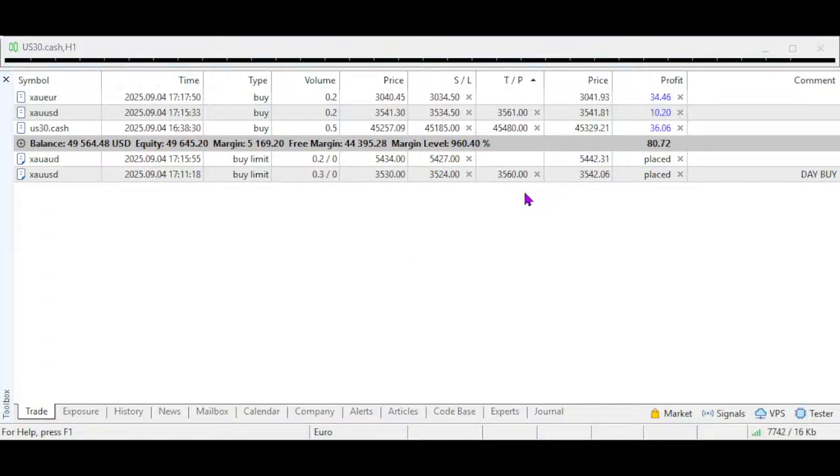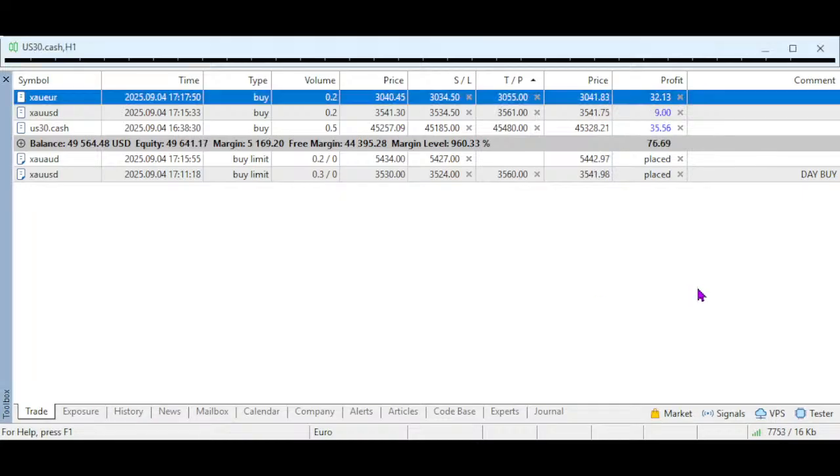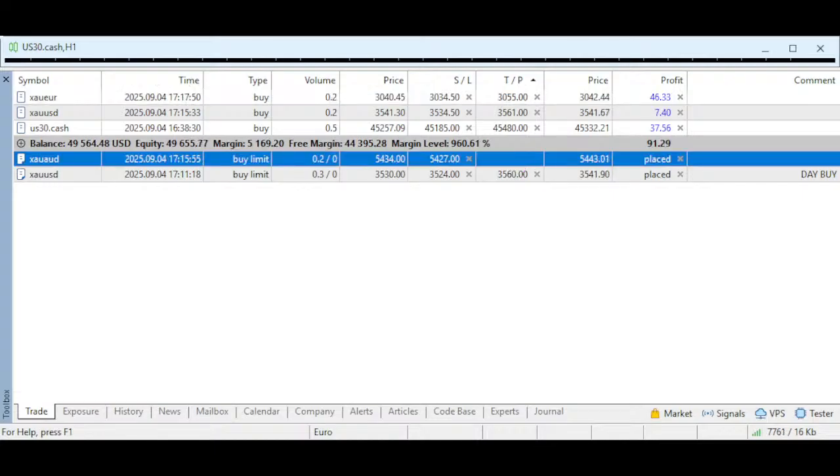Of course, if there is more strength, then we can expect the price to go further up. Then the same thing for gold Aussie.